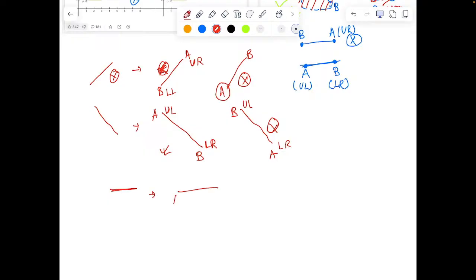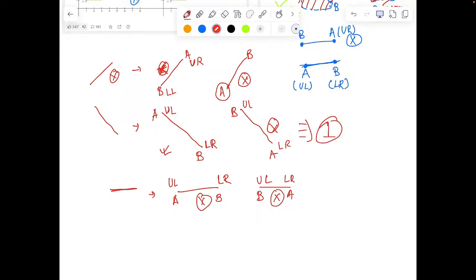First is place A over here, B over here, and then place B over here and D over here. We can say this is upper left, this is lower right. We can say this is upper right. Oh, sorry, upper left, lower right, which is also rejected. So here we got a count of 1.